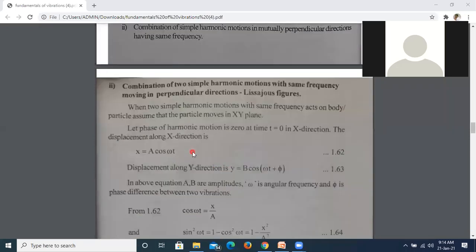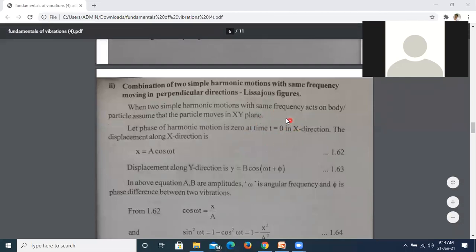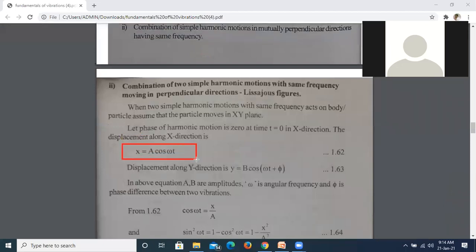x is equal to a cos(omega t plus phi). If the initial phase, that is the phase at time t equal to 0, is 0, then we write x is equal to a cos omega t. In the displacement equation of simple harmonic motion, x is equal to capital A cos(omega t plus phi), where capital A represents amplitude, omega is the angular frequency, and phi is the initial phase or phase constant.